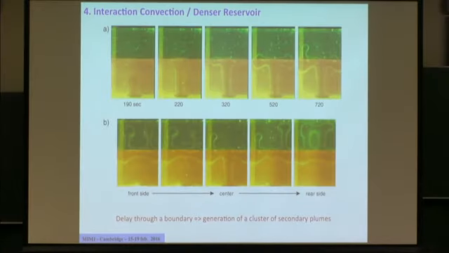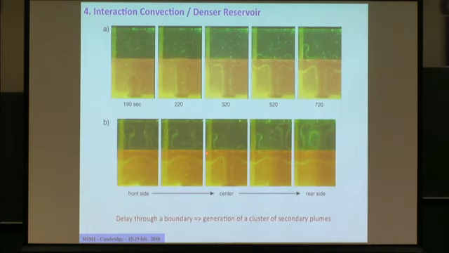So when we have doming, either we had a dome that at its level of neutral buoyancy would spread enough to be able to generate several plumes. So here it's, okay, this is the one plume and a center cross section, and we're scanning the tank before and after the plume.